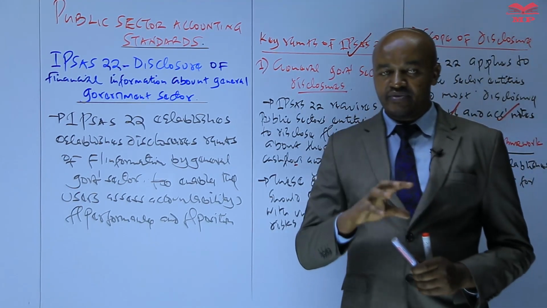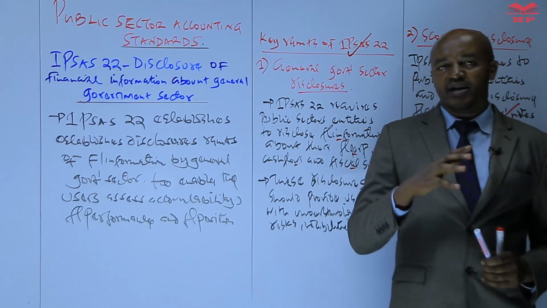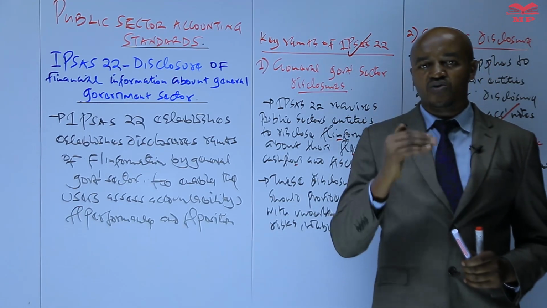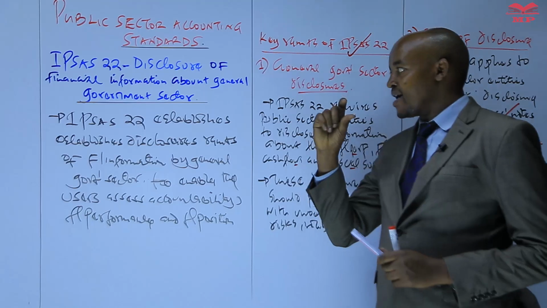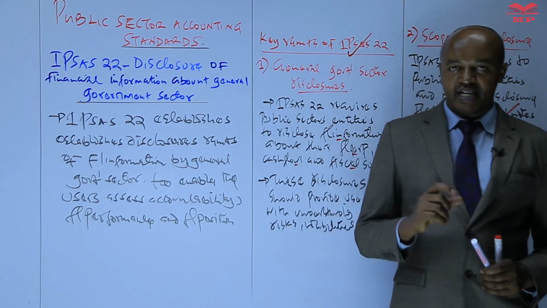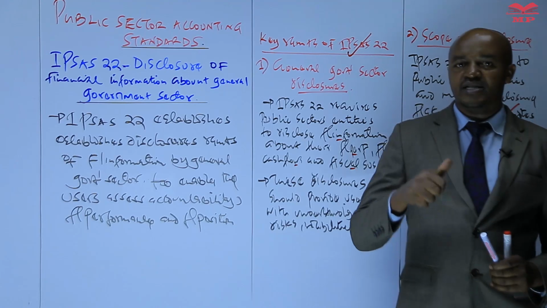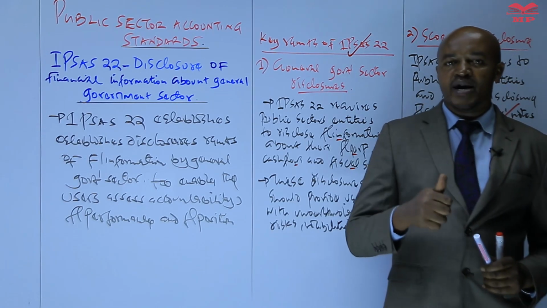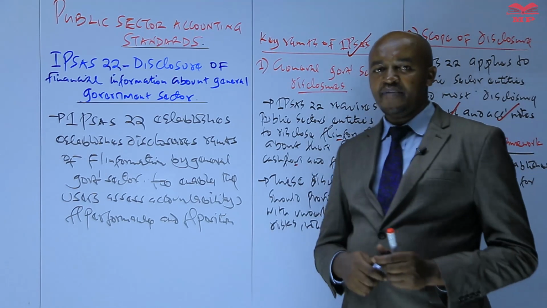On the other hand, we can say that this particular framework basically ensures that the disclosure which is made by the general government sector or by the public sector entities is relevant, reliable, comparable, and understandable to the user.